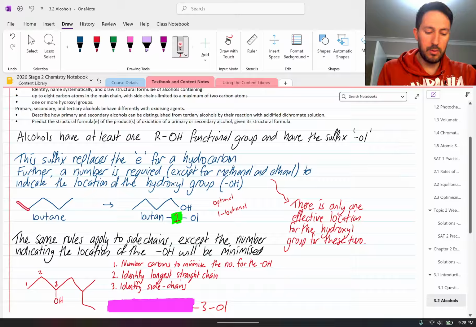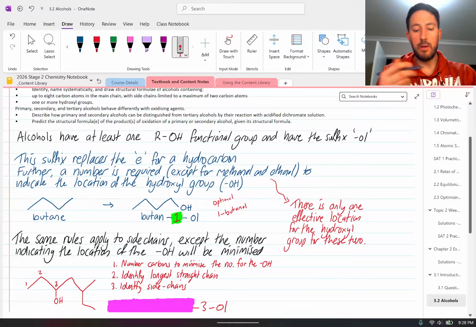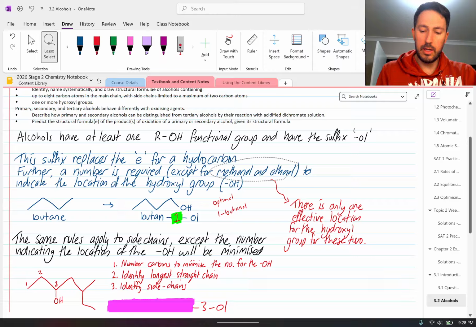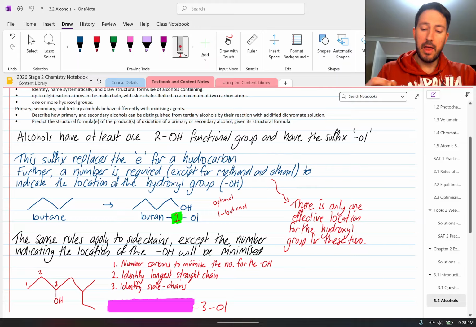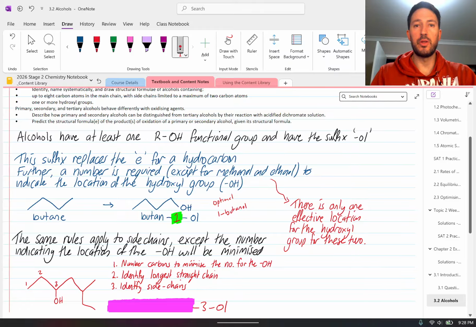If it went on this end, it would be the same as this end. If it went on this carbon here, it would be the same as that one there. So there are only two options. So you'd have 1-butanol, or butan 1-ol, or you'd have 2-butanol, or butan 2-ol. When you look at methanol and ethanol, there is only one option for the OH group, so they don't have any numbers.